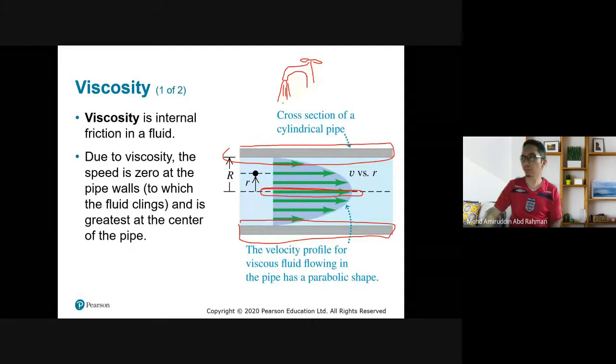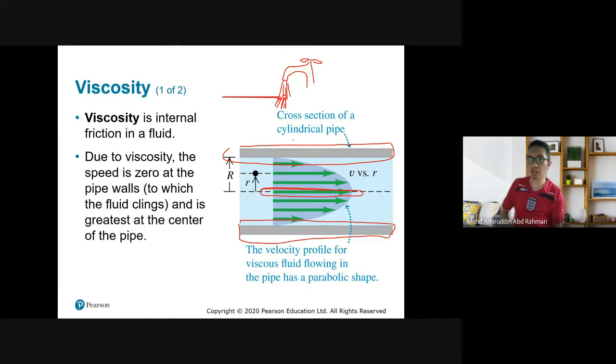Then you can touch it from the bottom, and you can feel the water flow at the center is actually much bigger compared to when you put your fingertip somewhere around the edge, because the flow at the center is much higher, meaning that it has a bigger speed.